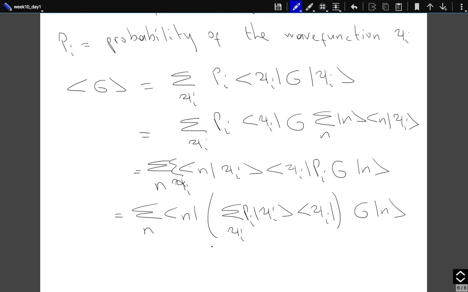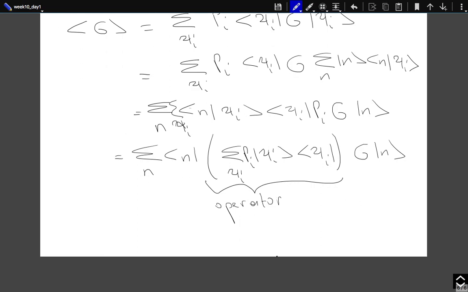You see, here we have an operator characterizing the properties of the system, of my ensemble. Let me call that operator rho.